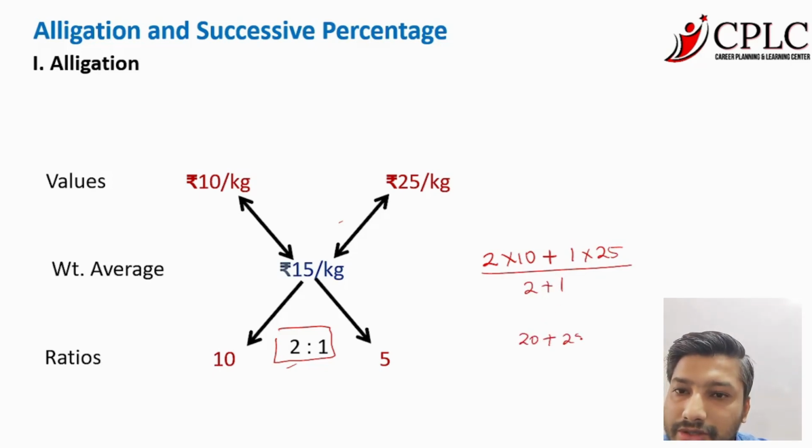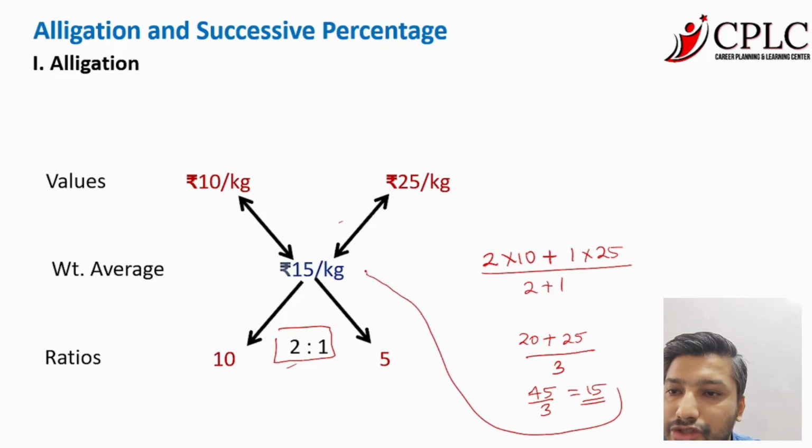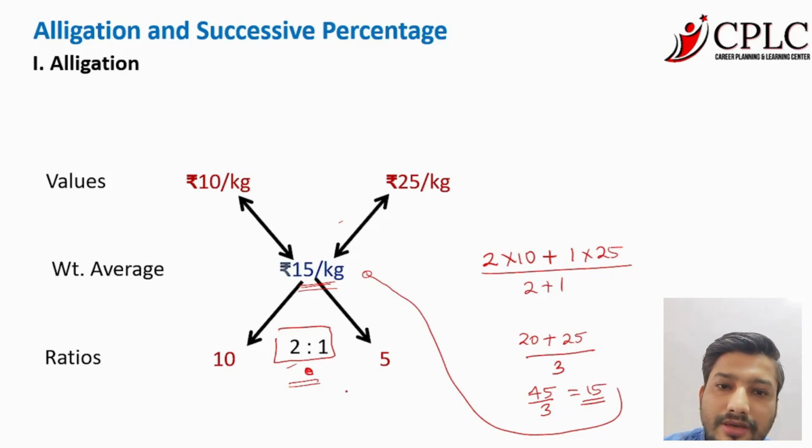So if you do the calculation, 20 plus 25 is 45, and 45 divided by 3, obviously you get 15 rupees as your average price, which is what they were saying. So yes, whatever we have done is correct. You don't always have to explicitly verify the final answer, because if you do the process correctly, you are going to get it right. But what I am trying to tell you is, for the surety purpose, that you can also verify. So this is just for your reference basically.